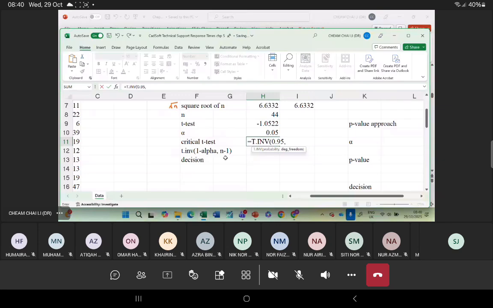This is your probability. And degree of freedom is n minus 1. So 44 minus 1, you have 43. Okay, so you close the bracket and then you enter, and you got 1.6811. Is everyone okay?